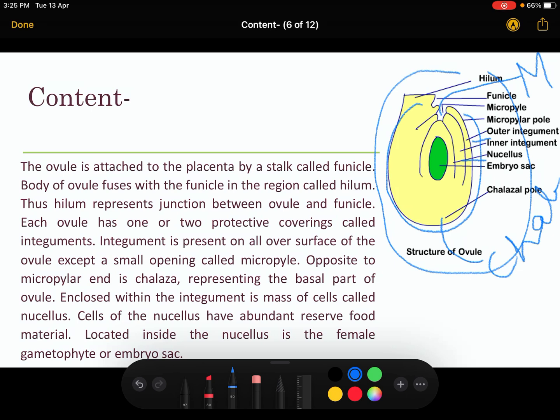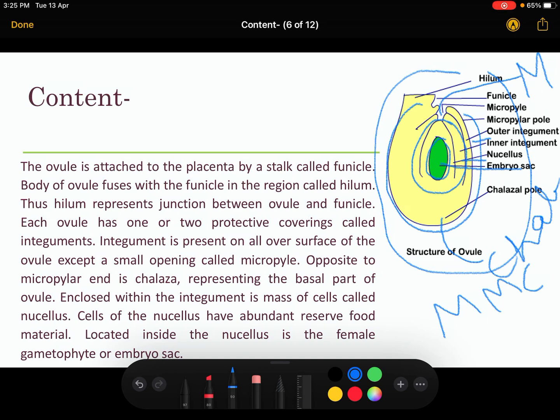Inside the integument there is a mass of cells called the nucellus, and from these nucellar cells one cell will behave as the megaspore mother cell, and from this megaspore mother cell the embryo sac, the green structure you can see, will form.